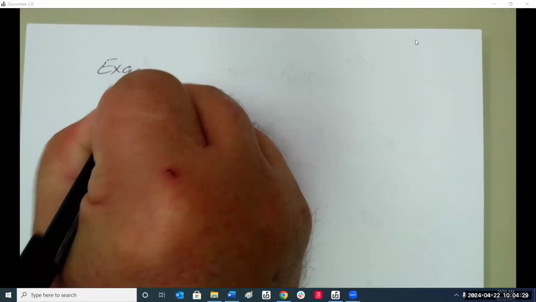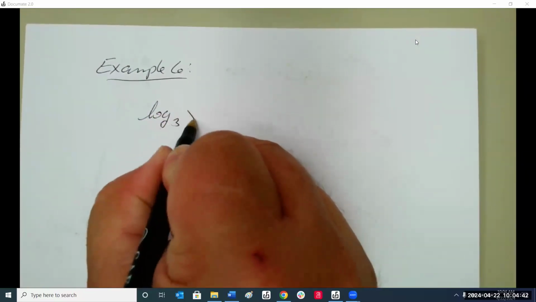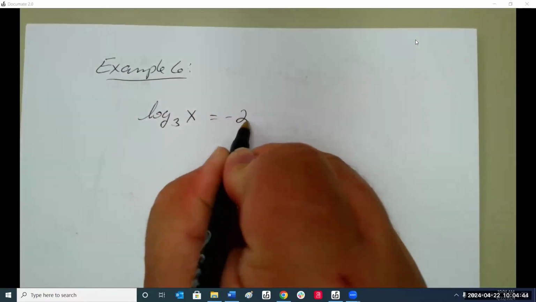Example 7 or example 6. So we have solved this one. Log base 3 of x equals negative 2.